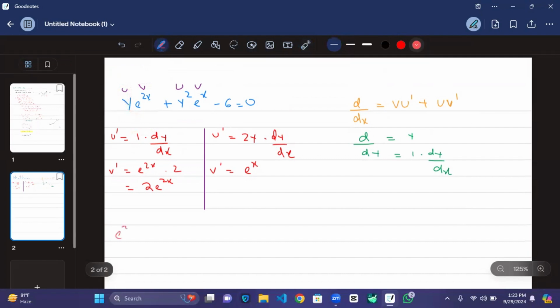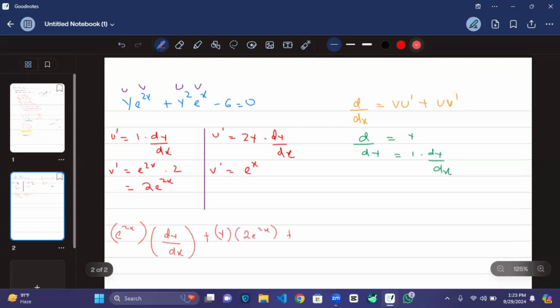So it will be e to the power 2x multiplied with u dash. U dash is dy over dx, plus now u and v dash. So u over here is y and v dash over here is 2 e to the power 2x.